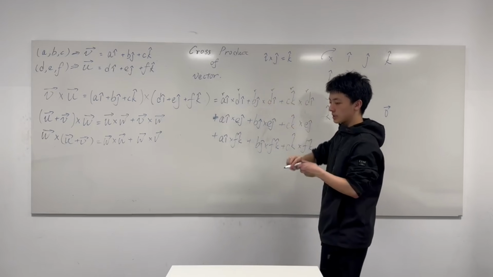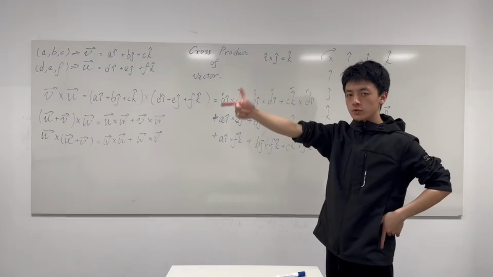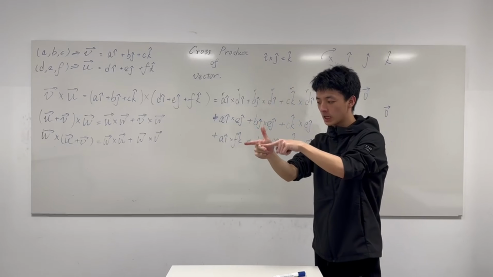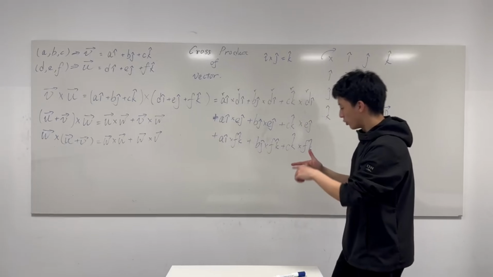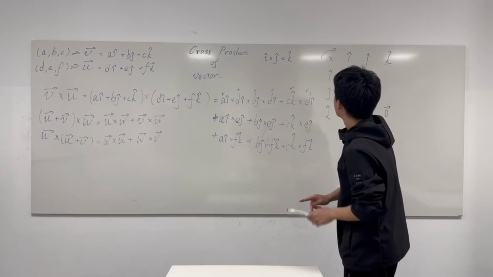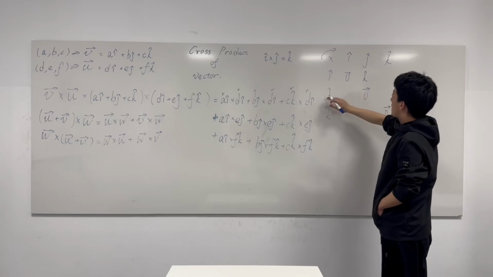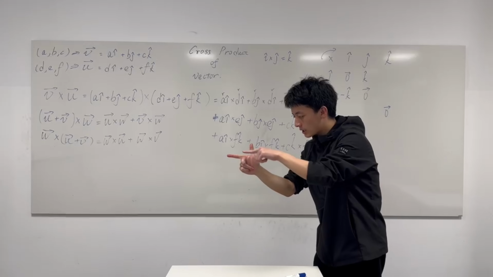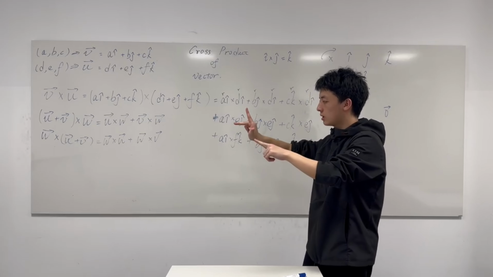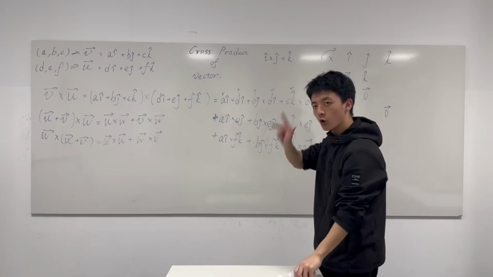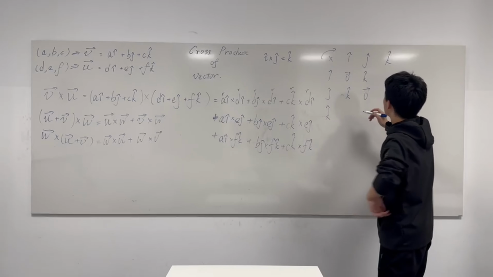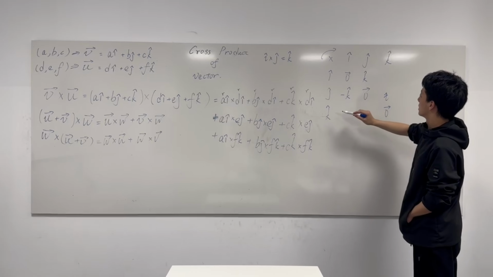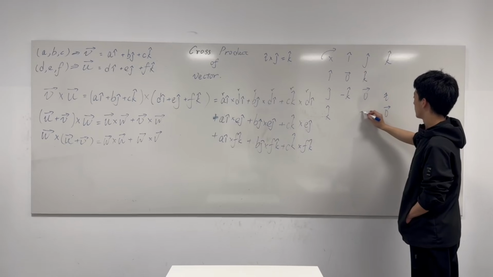So IJK is like, when you show your right hand, this finger should be I, this finger should be J, this finger should be K. So if I cross product J is K, then J cross product I should be negative K. And then J cross product K is I, so K cross product J should be negative I hat.